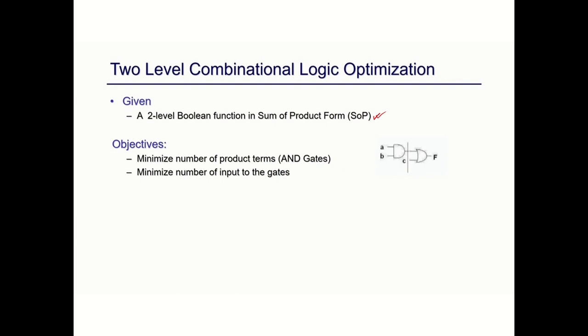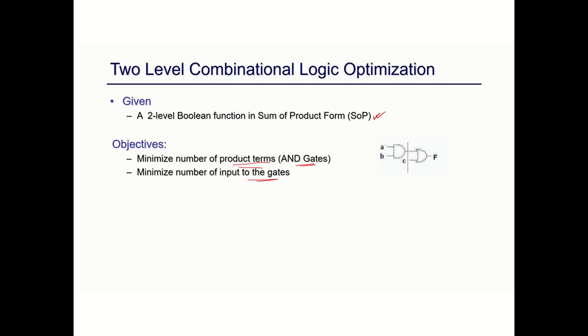This is the problem definition, or the specification that is given to us for the optimization. So what is our target initially? We will try to minimize the number of product terms. The product terms are nothing but the AND gates. If we minimize the number of AND gates, that minimizes the total number of gates, which reduces the total number of transistors.